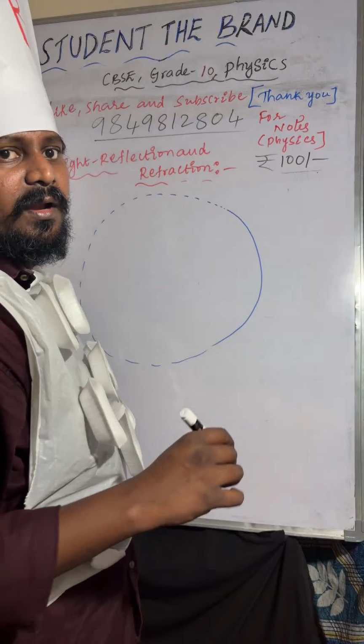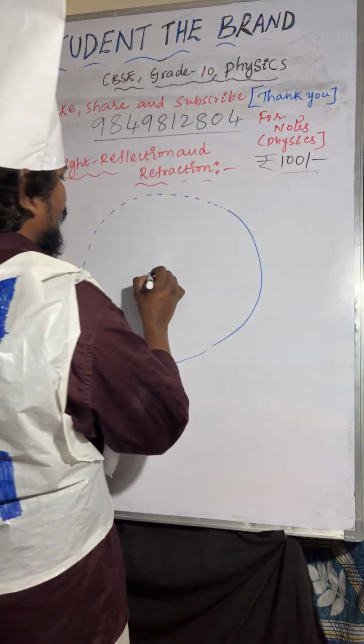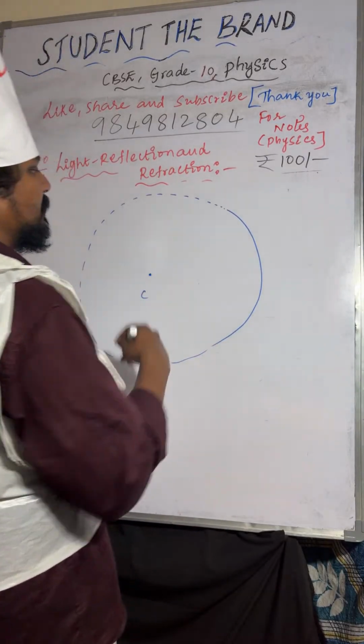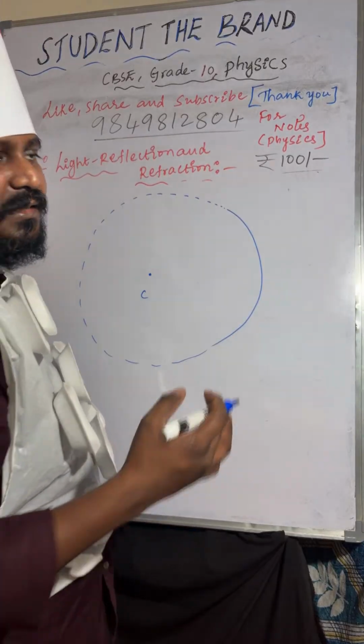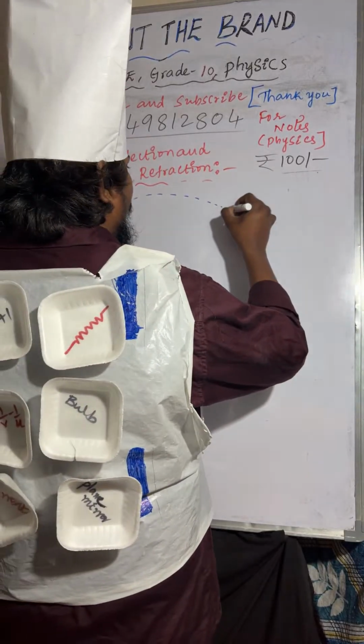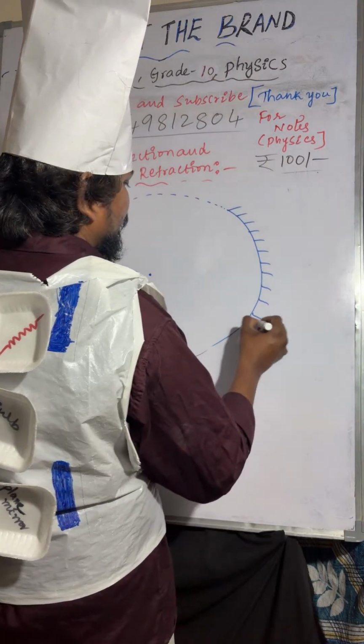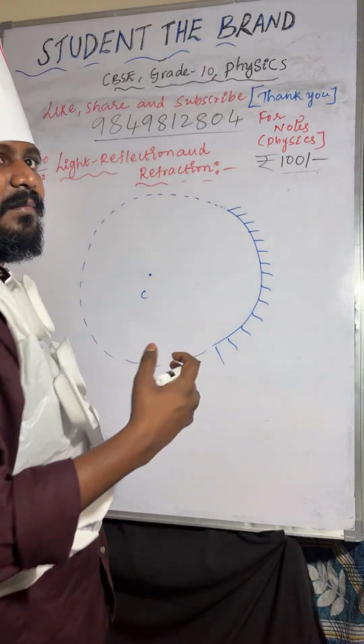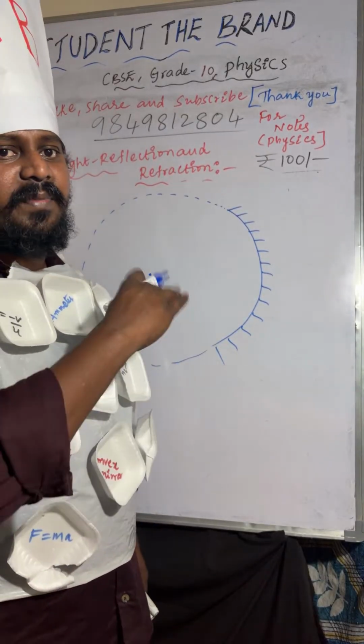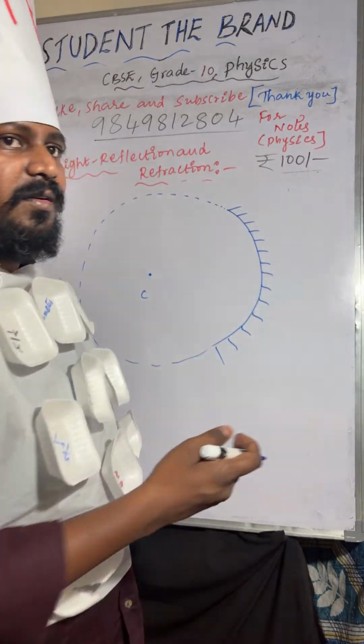Now you can observe this is the center of the imaginary sphere of which the mirror is a part. This is a concave mirror. Concave mirror means the reflecting surface will be inward, the coating will be outward.